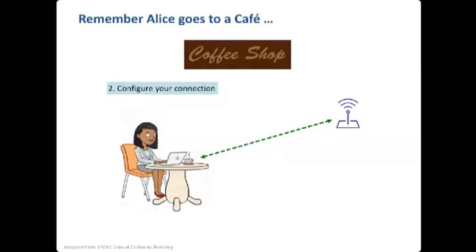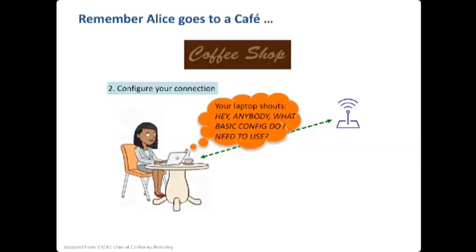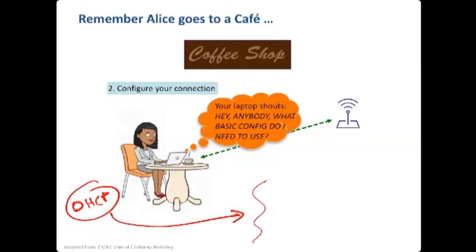So what does she do? She uses a protocol called DHCP, in order to get some information so that she can start communication, right? She needs an IP address. What else does she need? We discussed that.